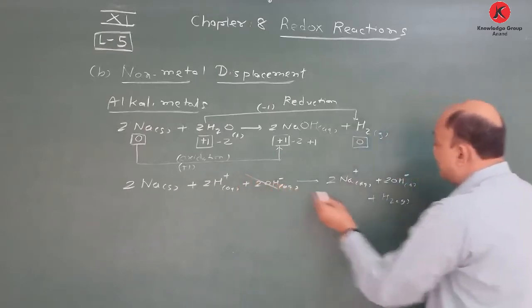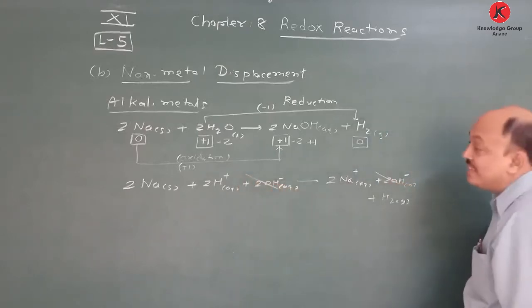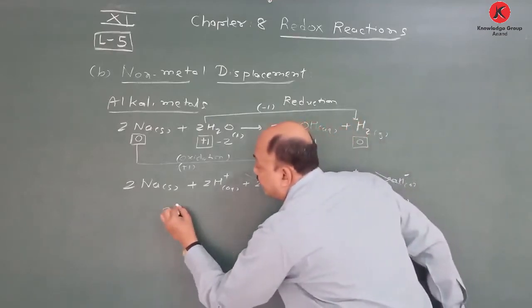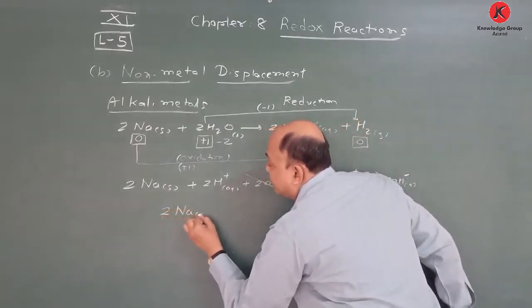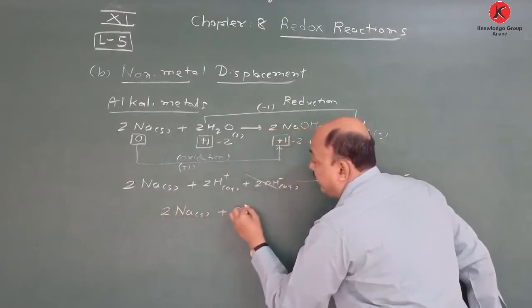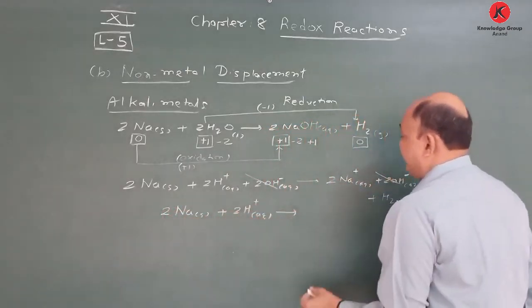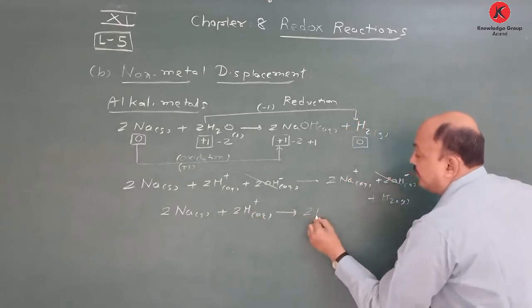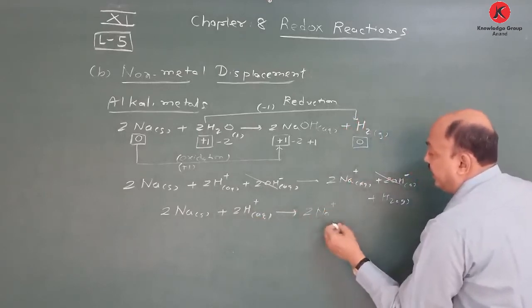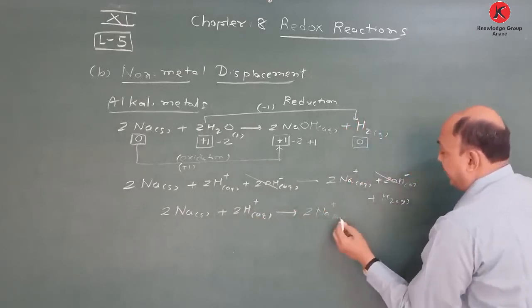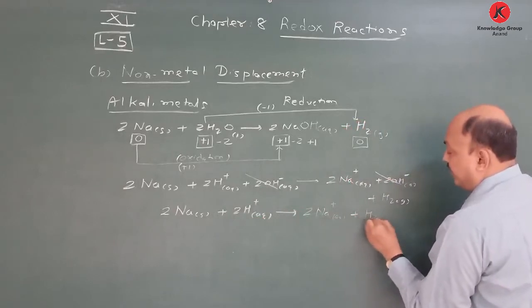Just you see, 2OH minus on both sides cancel out. So 2Na solid plus 2H plus aqueous gives 2Na plus aqueous plus H2 here.